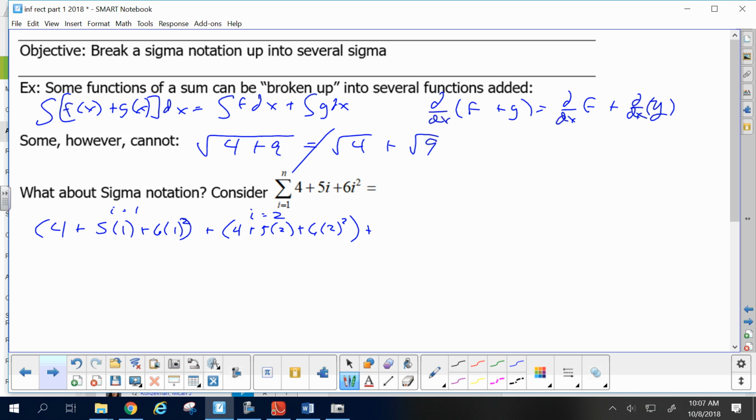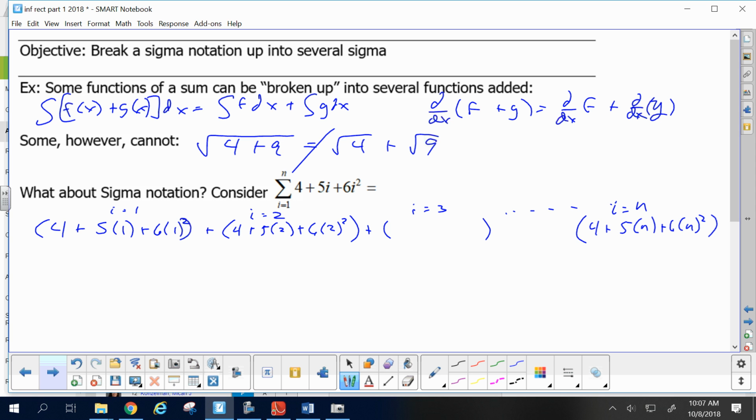And then you'd do i equals 3, and then i equals whatever, until you got to the last number, i equals n, and you'd get 4 plus 5 times n plus 6 times n squared. Isn't that what summation means? Put i equals 1 in, through the last value in, and add up all the quantities. You with me?